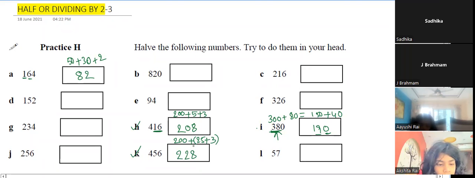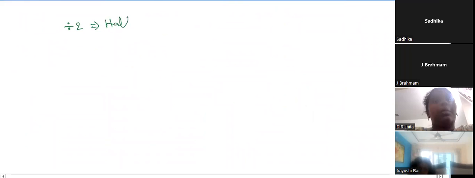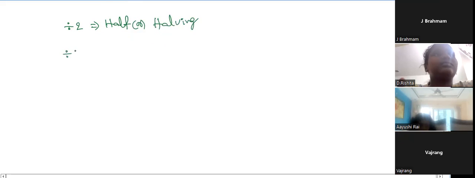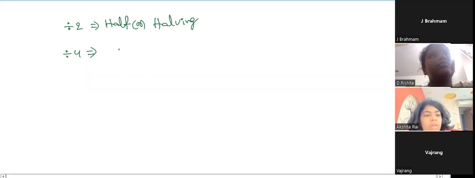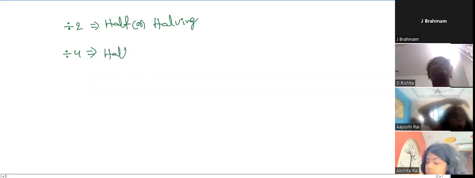See, if it is division by 2, we are calling it halving. Suppose it is division by 4, then dividing by 2 twice, so halving twice.